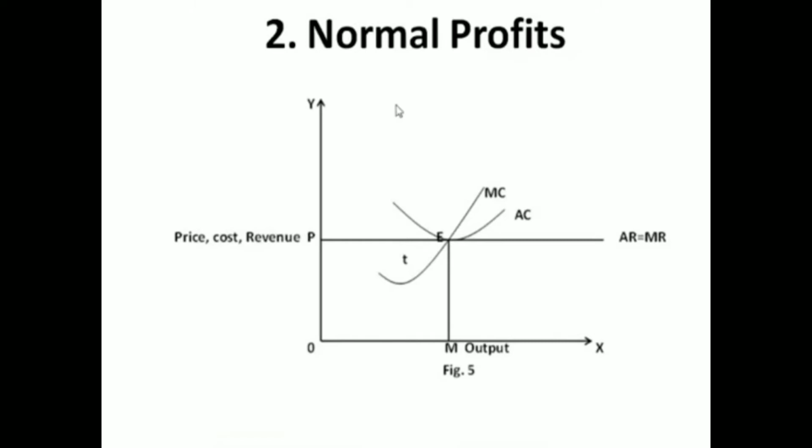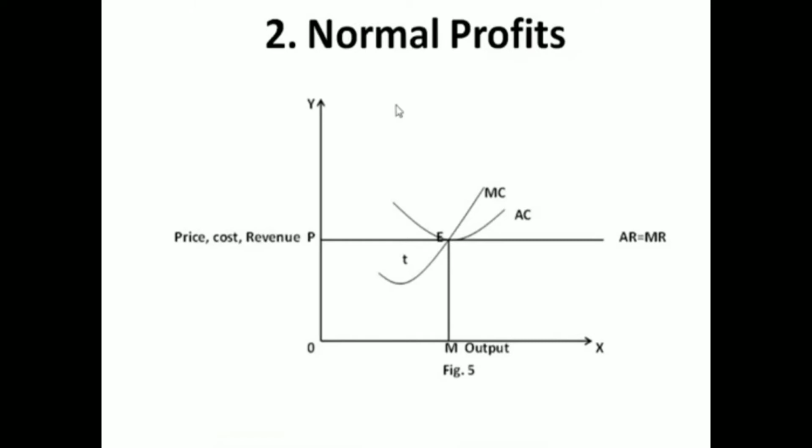At E, output produced is OM. So OM is the equilibrium output. At E, the equilibrium point where the marginalist condition is satisfied, output produced is OM.